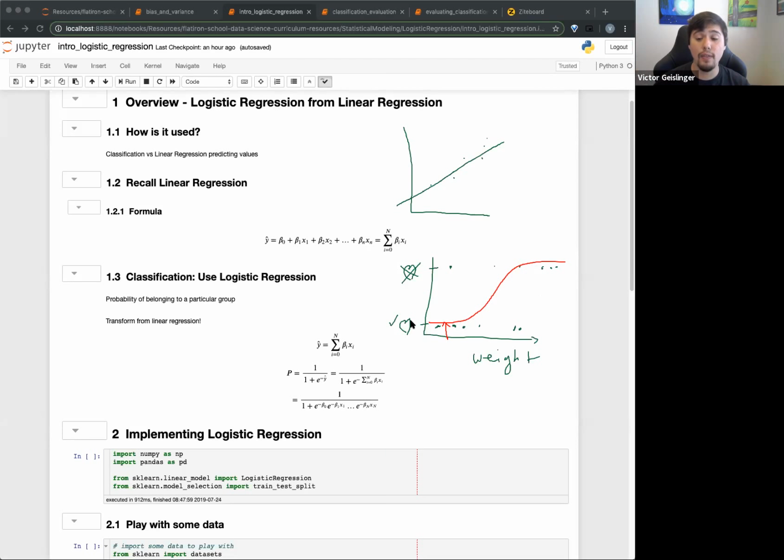If they're around this weight, they're close to 99% likely to have heart disease. And on the far end, if you are very low weight, you are very unlikely, say only 3% at this weight, based on this logistic curve.